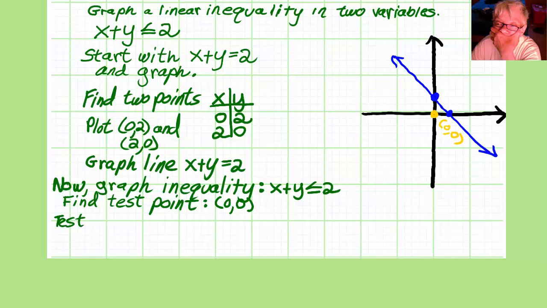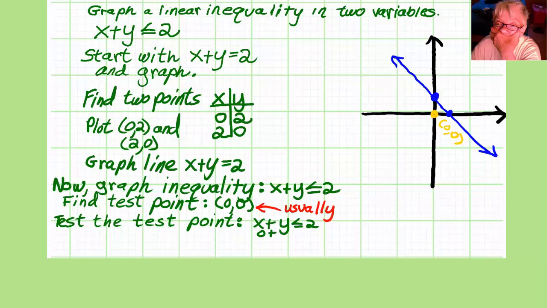Now we're going to test our test point. And we do this by taking the x-coordinate of the test point and putting it in for x, and taking the y-coordinate of the test point and substituting it in for y in the inequality.